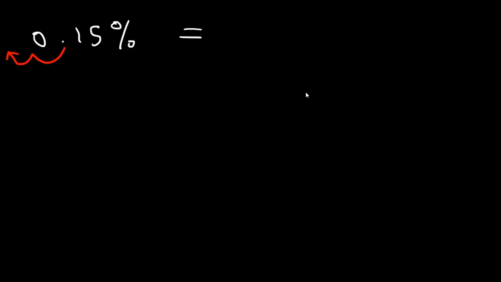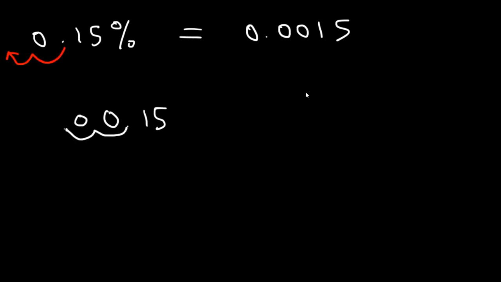So 0.15 divided by 100 is 0.0015. If you move it 2 spaces to the left, this is 1, this is 2. So make sure you fill in another 0. So the decimal point is now right here. So there's 2 zeros in front of the 1, 5. So that's 0.15%.